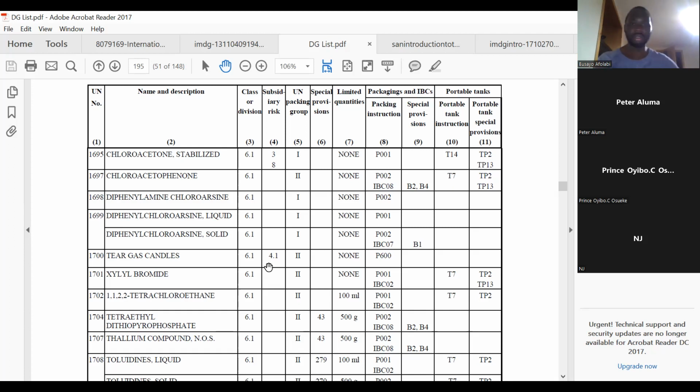So how do we know the page to go and find out the packing group? What we need to do is come down there and look at what chapter is sending us to. Under the real IMDG code itself, under that number 5, you will see 2.0.1.3.